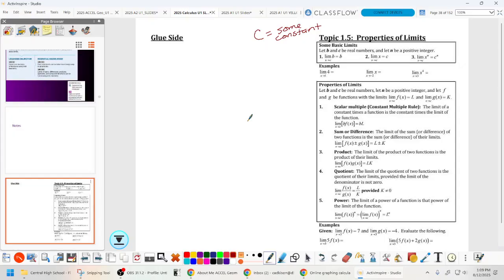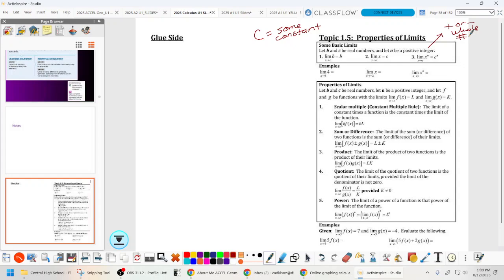All right, so let b and c be real numbers and n a positive integer. What is an integer? Positive or negative whole number. So when you start reading properties, make sure you know all the terminology that goes with it.